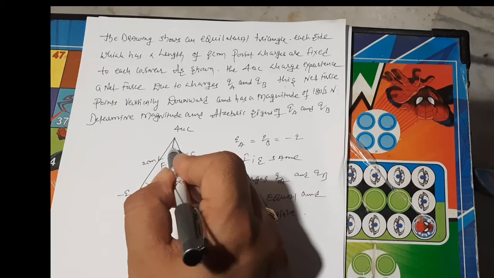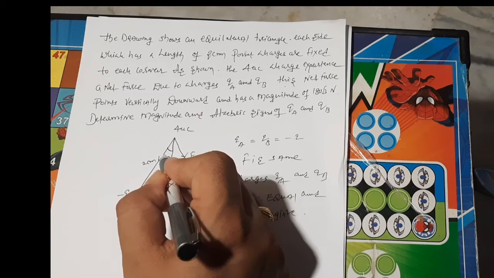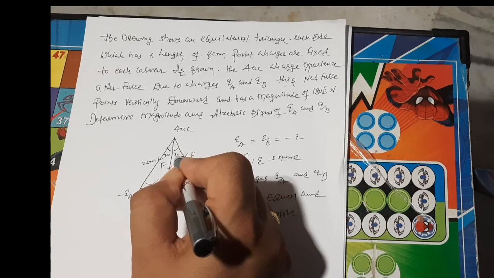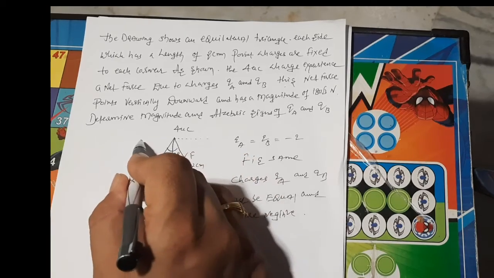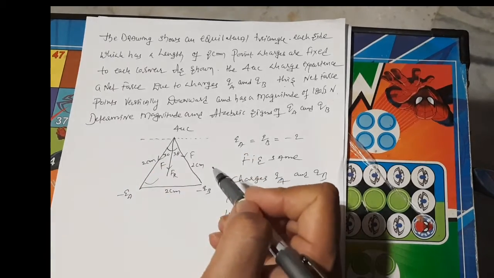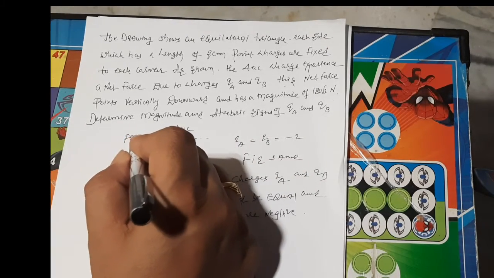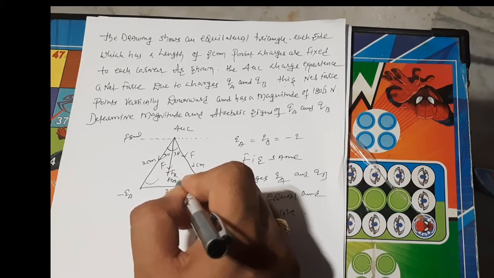Now this is an equilateral triangle. This force F makes 30 degrees with the vertical, and this force also makes 30 degrees with the vertical. Now we resolve the forces. This is F sin theta and this is F cos theta.